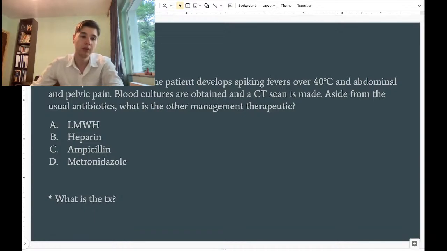Okay, so we have D, and once again a D, metronidazole. There's also one question briefly mentioned, namely, what is the treatment she was given? If you have any idea, let me know in the chat box.